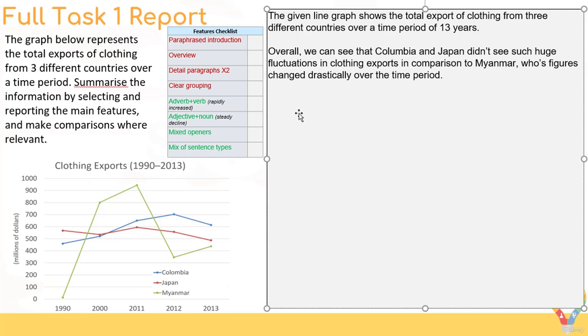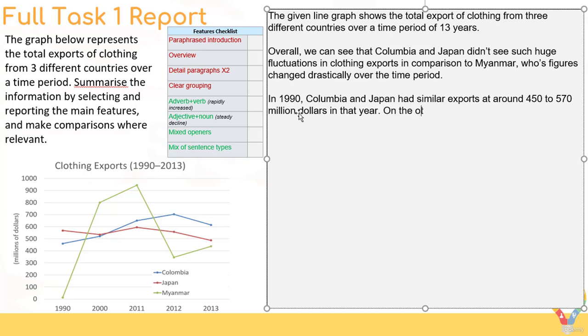So let's begin with, in 1990, Colombia and Japan had similar exports at around, let's say, $450 to $570 million in that year.